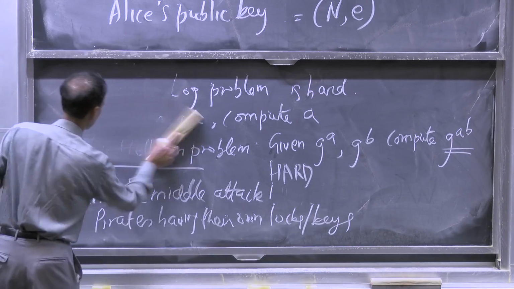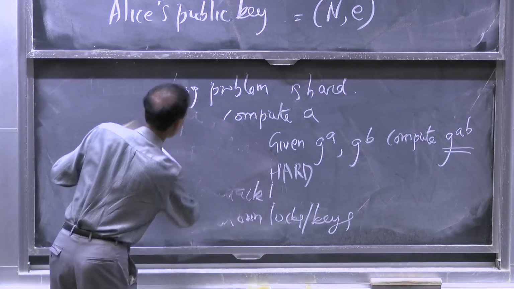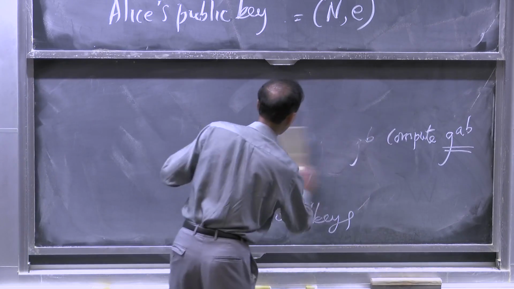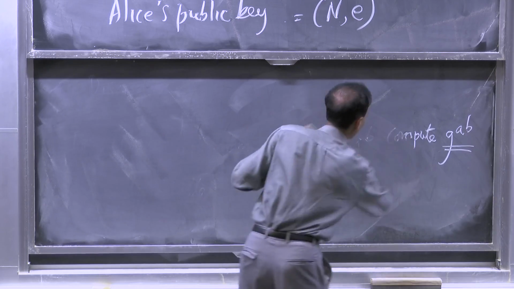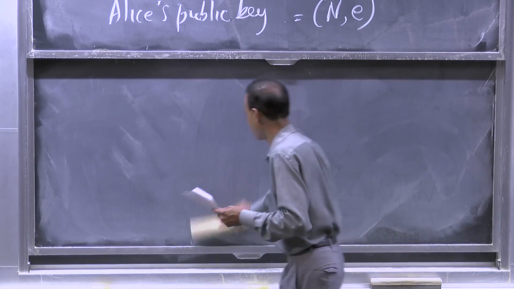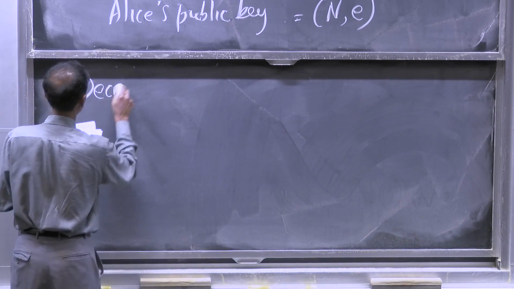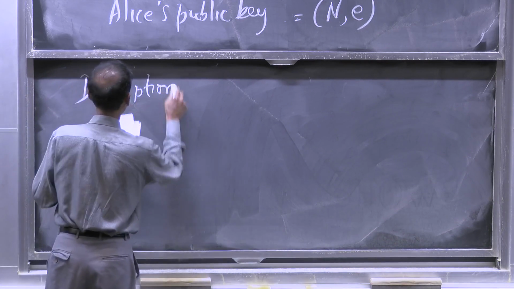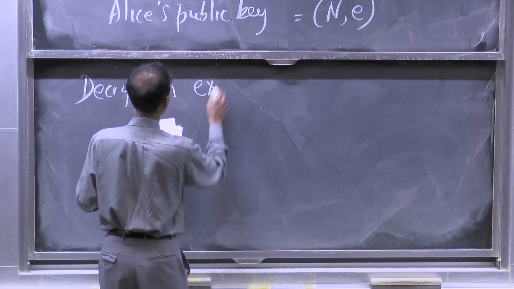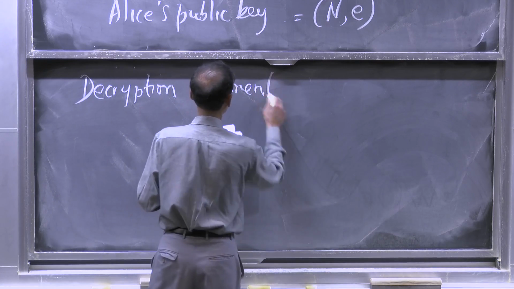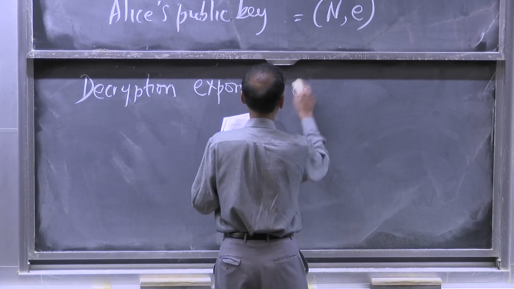And now the fun starts. We have to figure out what the private key is going to correspond to. And it turns out, and this is one of those things where how did they ever think of this? And that's still true 40 years later.